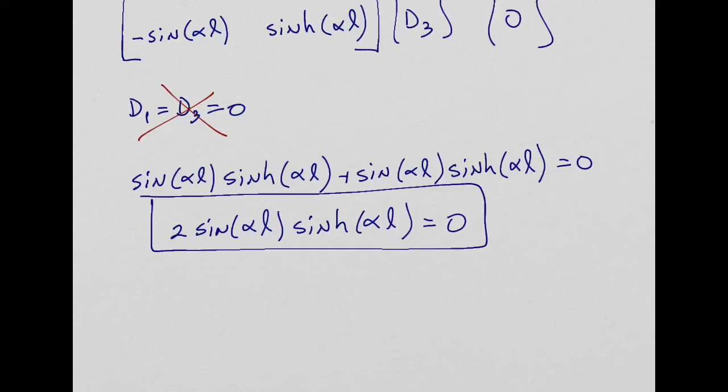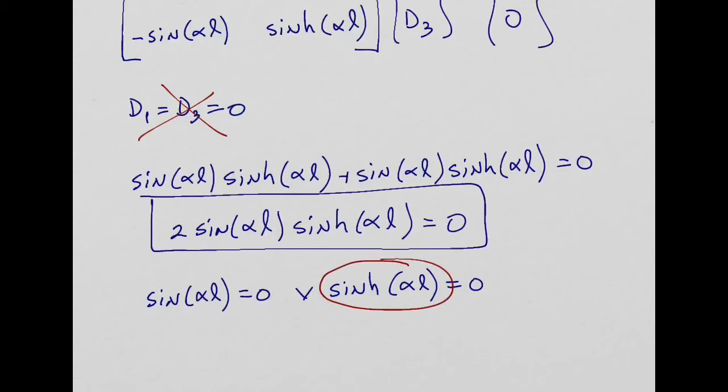Let's focus on this. This is the result of imposing the determinant of that matrix equal to 0. If you focus on this equation, again, you have two options. One is sine of alpha L equal to 0, or hyperbolic sine of alpha L equal to 0. Let's look at the hyperbolic sine solution first. This is impossible to happen.